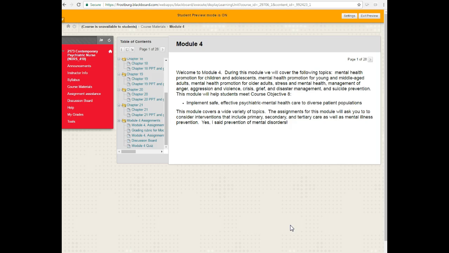So here we are in module 4, and our focus for this module is on mental health promotion for children, adolescents, young and middle-aged adults, and older adults, stress and mental health, I'm sure we can all relate, management of anger, aggression, and violence, crisis, grief, and disaster management, and last but certainly not least, suicide prevention.